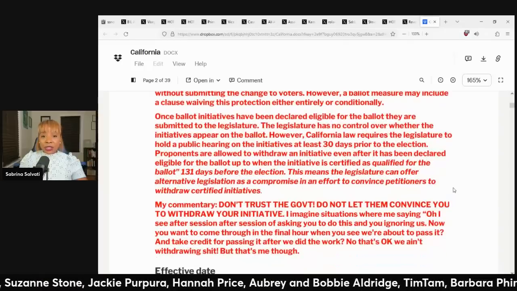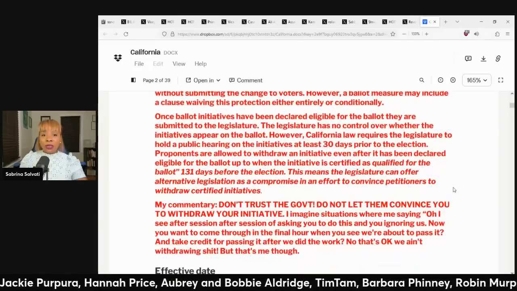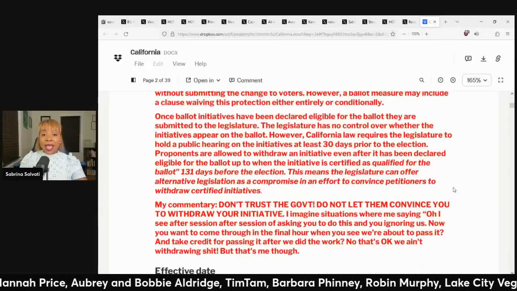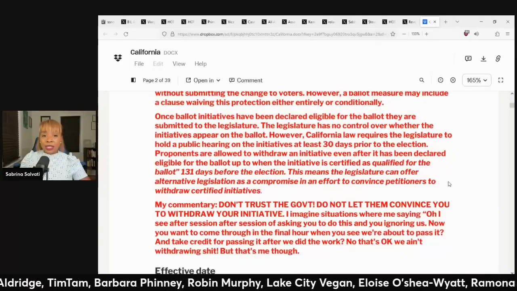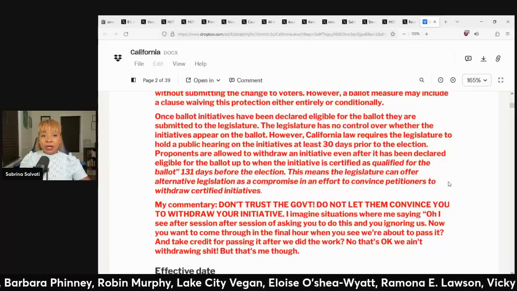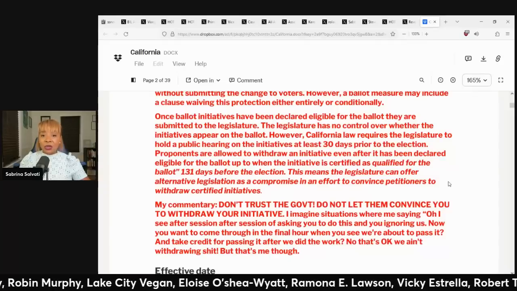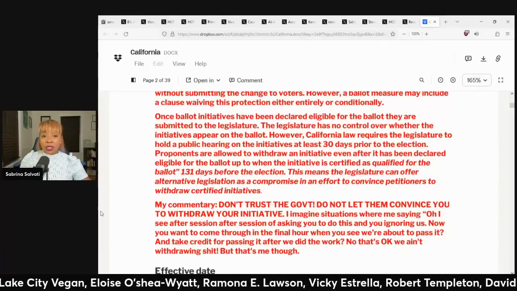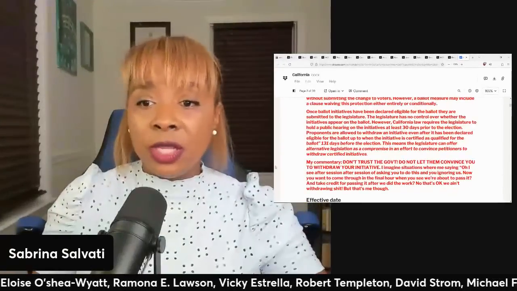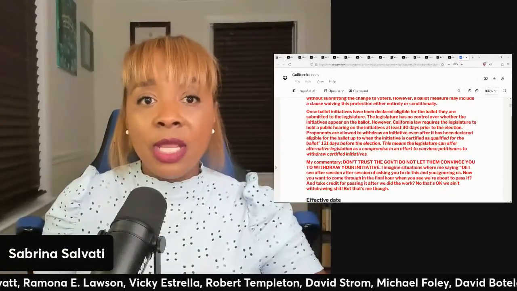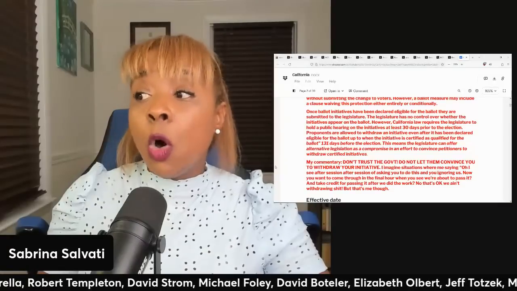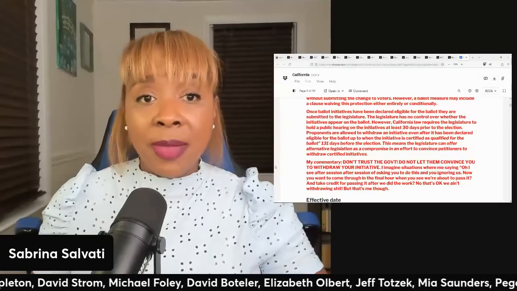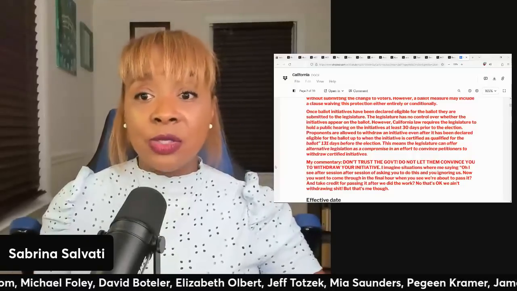The legislature has no control over whether the initiatives appear on the ballot. However, California law requires the legislature to hold a public hearing on the initiatives at least 30 days prior to the election. If you live in California, how many of you knew that? How many of you knew that they're required by law to hold a public hearing about the ballot measures 30 days prior to the election?